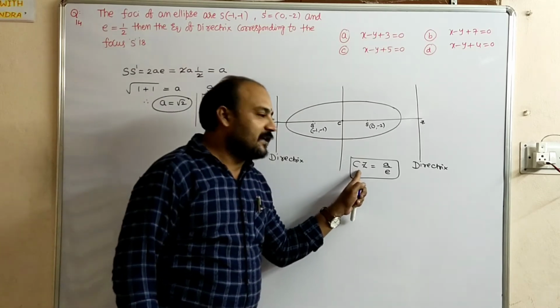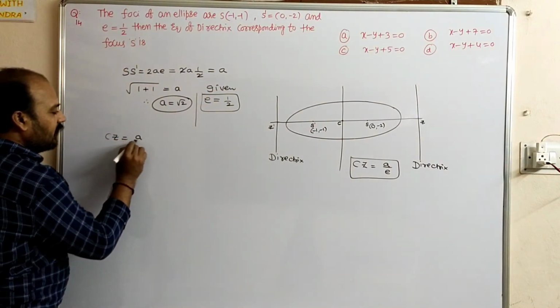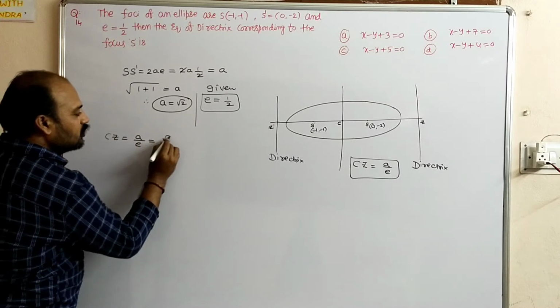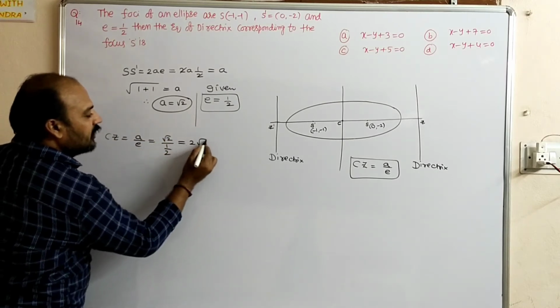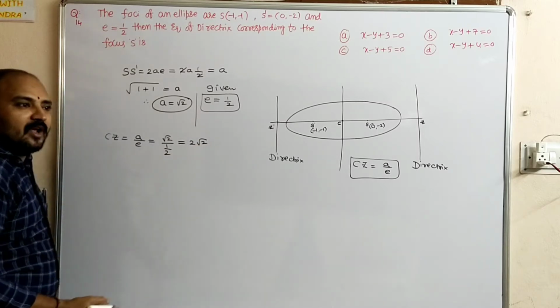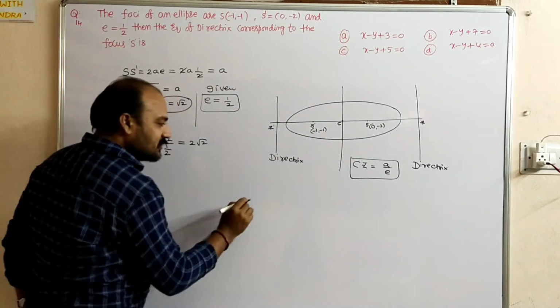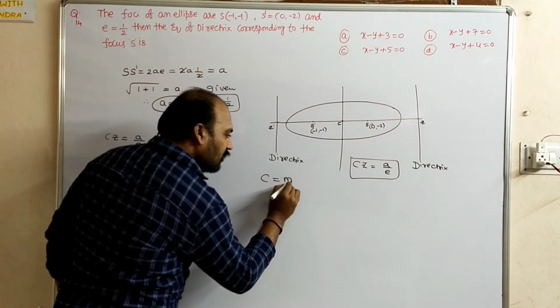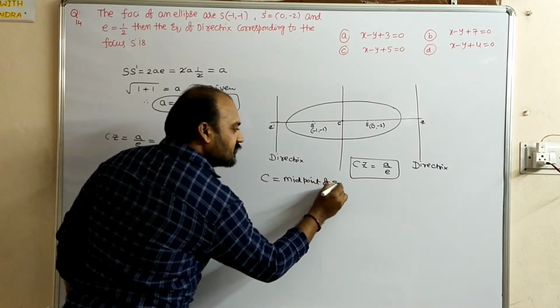Now CZ equals A by E, which is equal to root 2 divided by 1 by 2. So denominator of denominator to the numerator, 2 root 2. Now C is the midpoint of S S dash only, no? C is equal to the midpoint of S S dash.